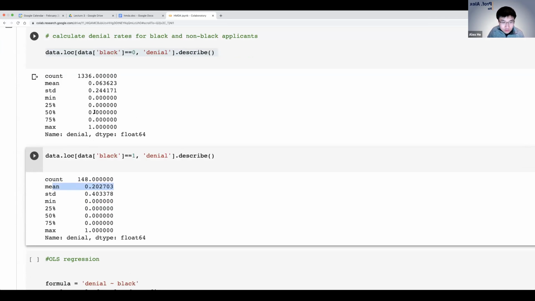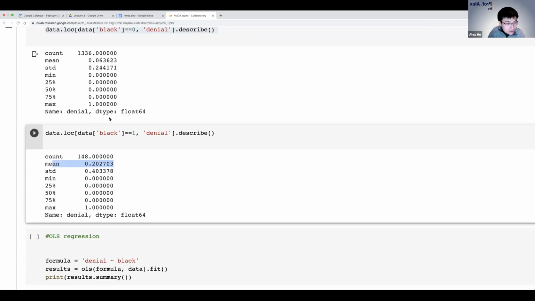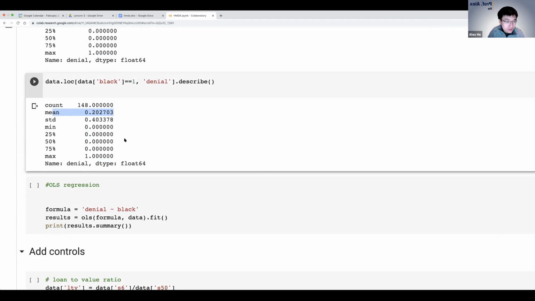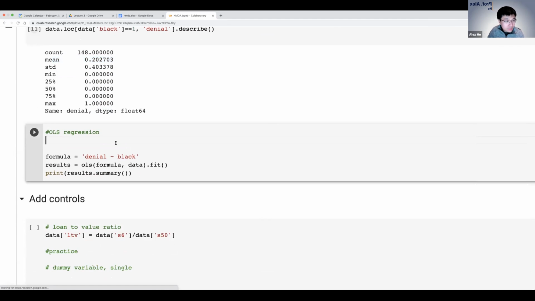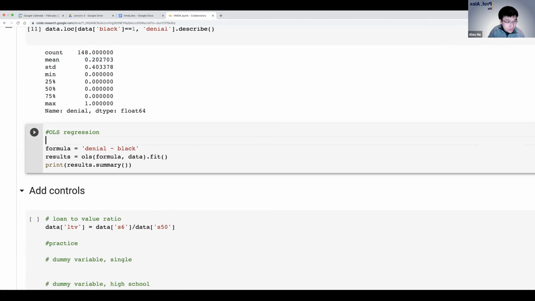So if you only look at these summary statistics, then you might conclude that this is a significant factor, and they're somewhat biased in their decisions, okay? And this is a very big bias. And if you run the OLS regression with just this one variable, so this is a bivariate regression, right?